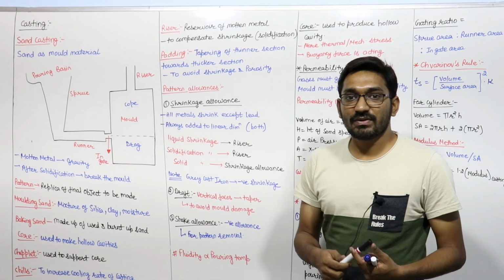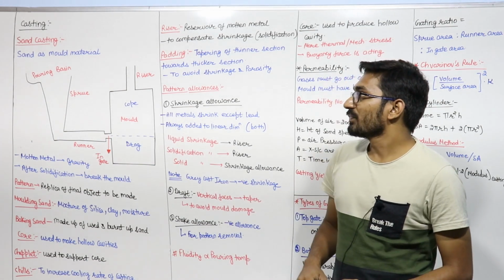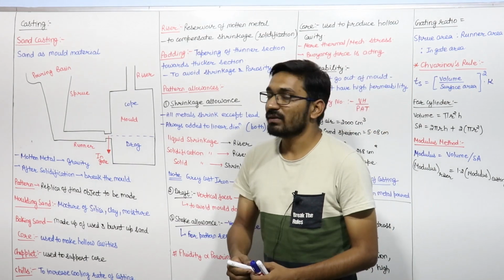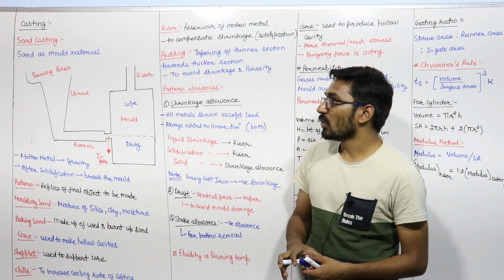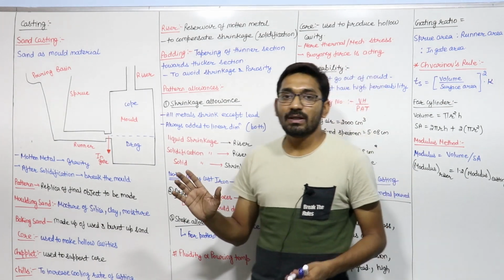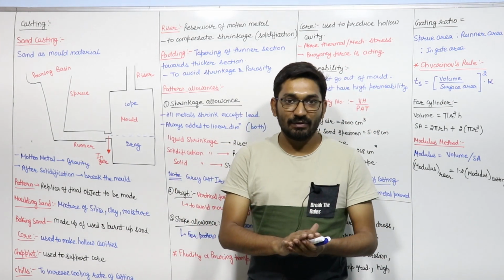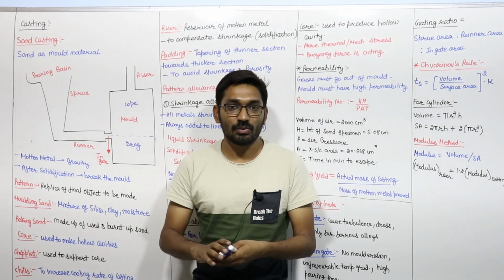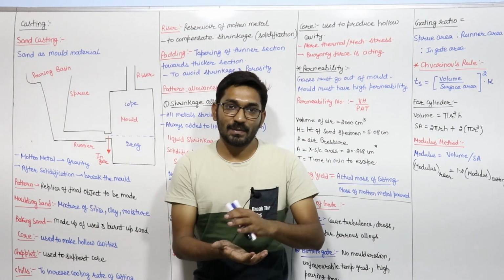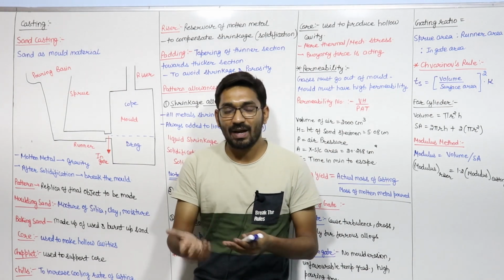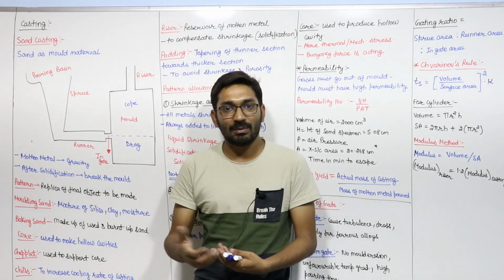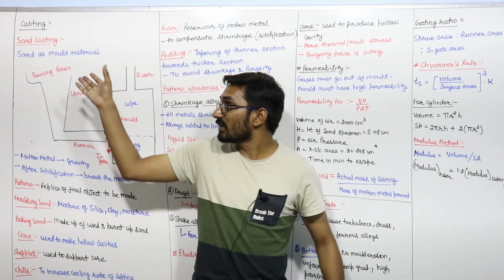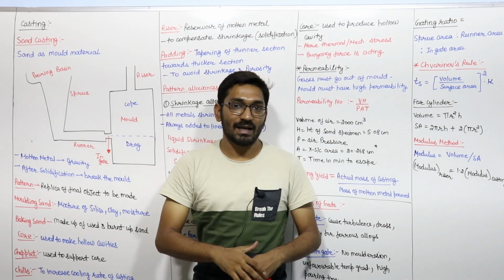Our next topic of discussion is the casting process. Let us discuss what sand casting is. In sand casting, we use sand as the mold material. In the casting process, first of all, we make a pattern of the shape that you want. That pattern may be of wax, wood, or anything. On that pattern we pour sand and make a mold.